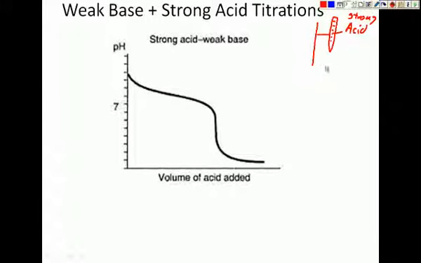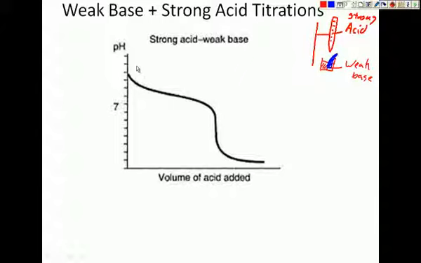And in our beaker, we have some weak base. Okay, and then we have some kind of device in here, something like this, which is like a pH monitor. It's just constantly testing the pH as we add drop by drop of strong acid.